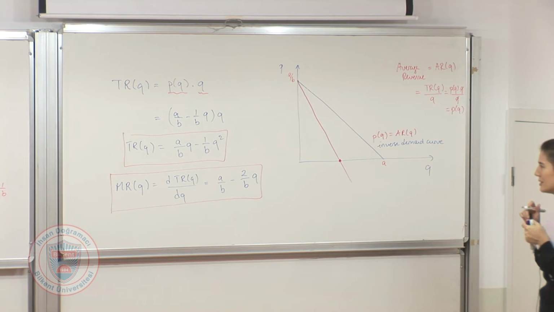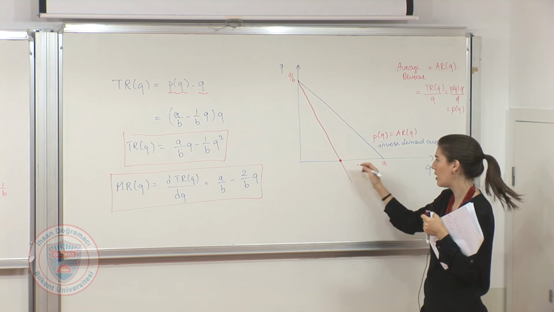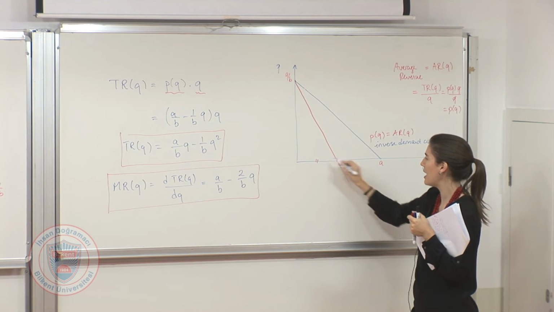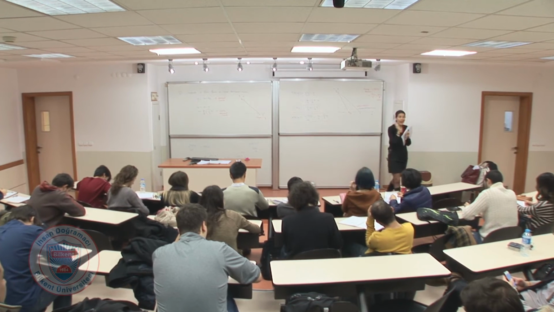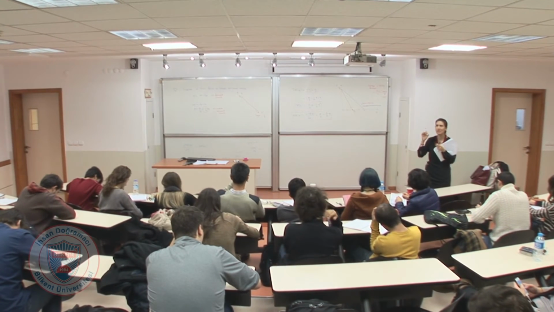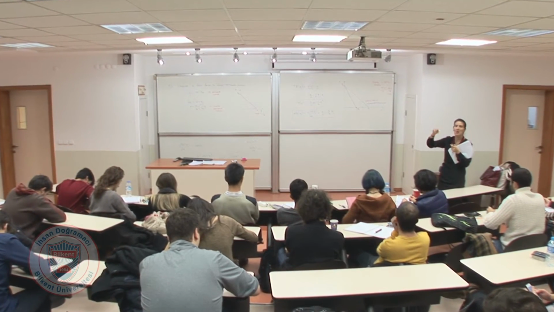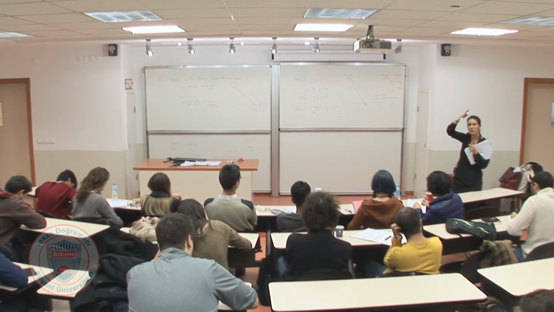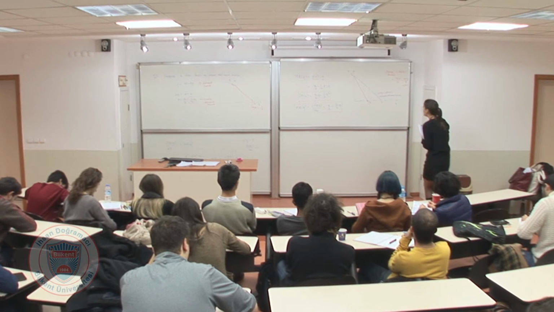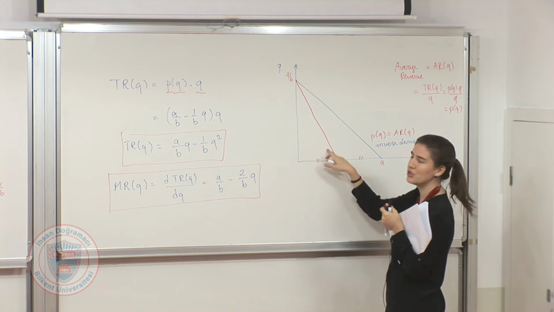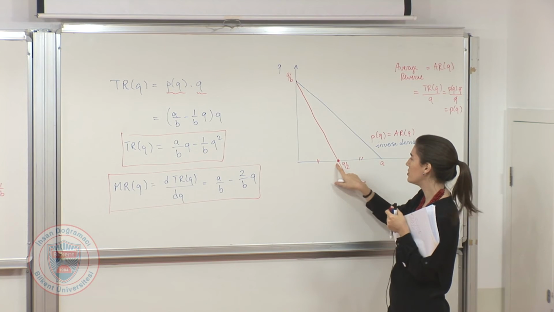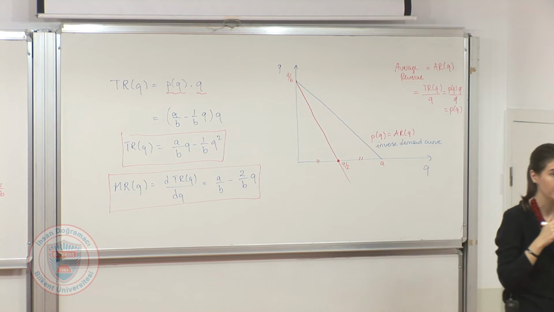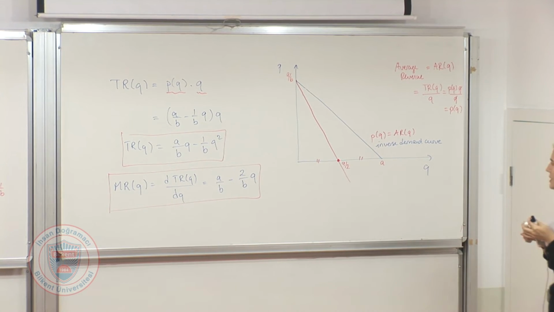A over 2. So this is true for any linear demand curve. If it is linear, marginal revenue is going to have a slope twice as much as this curve, and it's going to cut the horizontal axis in the middle. So this is the case.